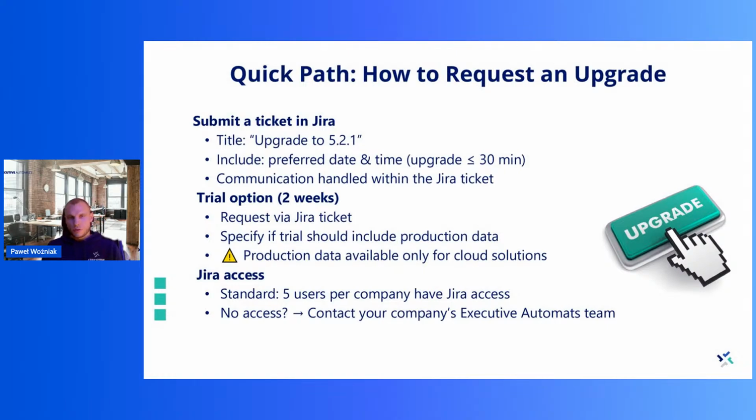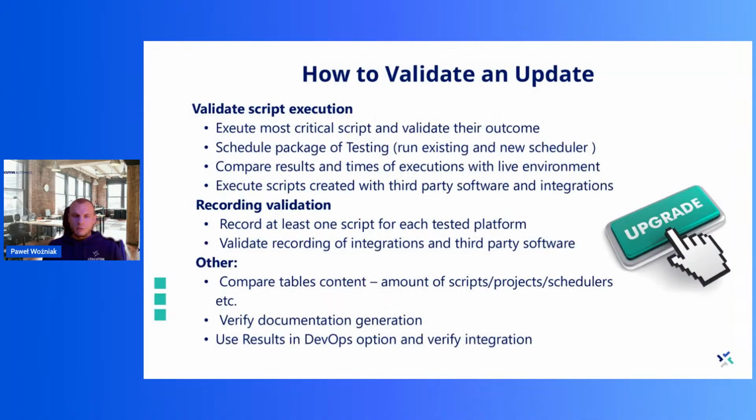All right, so once we have the update on our live environment, or if we use the trial option, then we should validate that the update to version 5.0 and above is working fine. Why do we have this session, why do we ask you to validate everything, and why do we propose those trials? That's because version 5 and above was the biggest update that we released to the application.